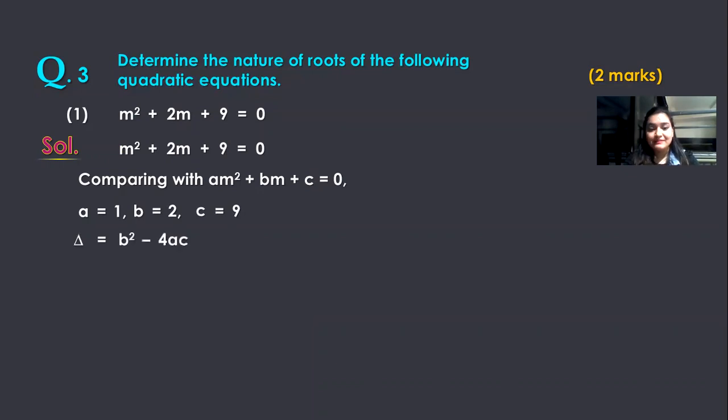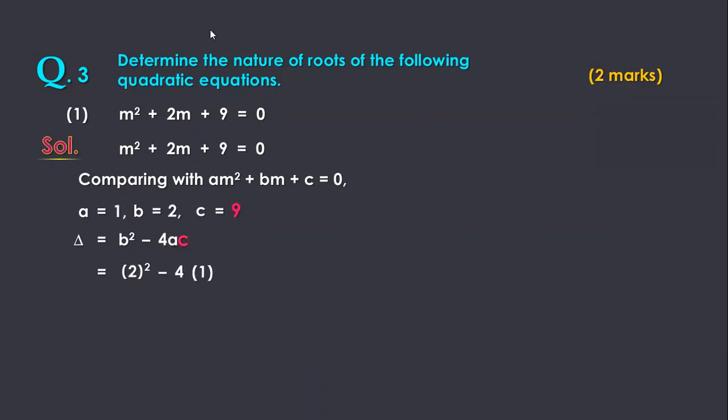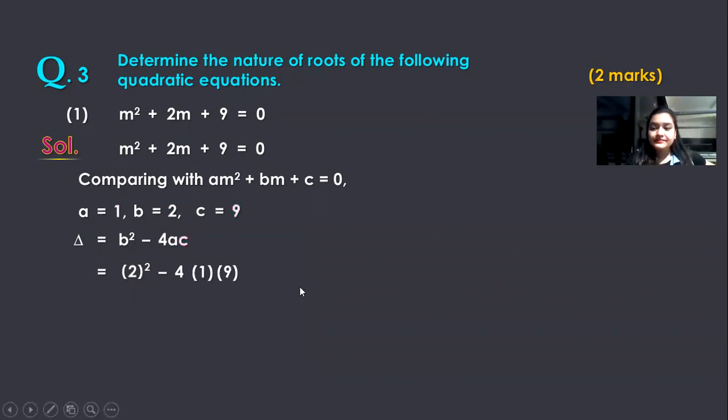Discriminant is b square minus 4ac and we need to find the value of b square minus 4ac. So over here guys, the value of b square will be replaced by 2 square minus 4 into 1 into c, that is 9.